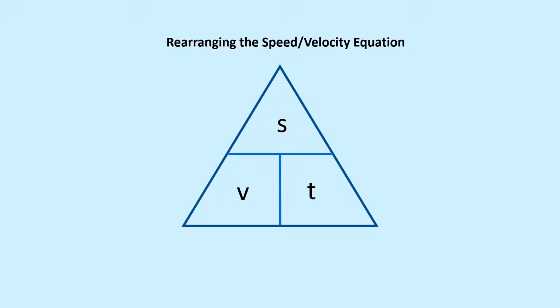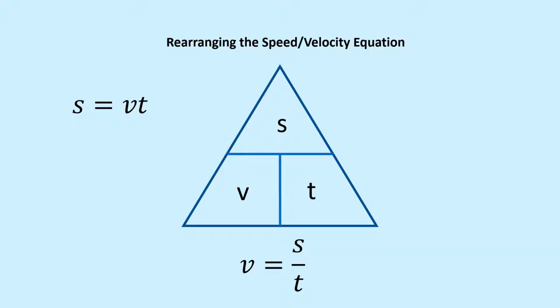Now, for a lot of us, the triangle that you see here will be quite familiar, and it's a helpful way of remembering how to put together the speed equation. You might have seen this before in your maths classes, and you know that if you place your finger over the letter V, then whatever's left over is the rest of the equation. So you've got V equals S over T. Alternatively, you might put your finger over the letter S, and then that tells you that S equals VT.